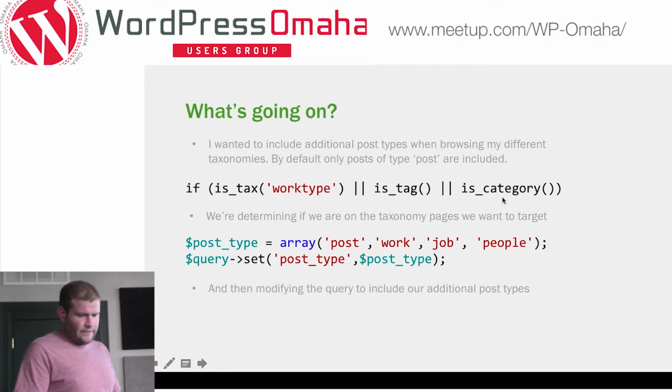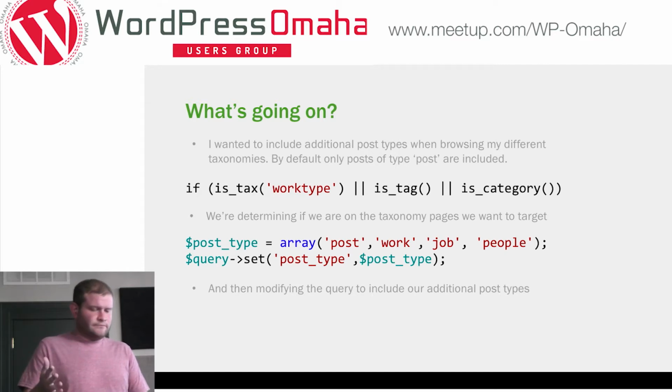And if so, then I'm going to tell WordPress, hey, instead of just querying post, which you would have done by default if you were on a category page, include all these other post types, please. And using that set line, I pass in that array, and then voila, it does it. So that is a very simple and straightforward example of modifying the default WP_Query.